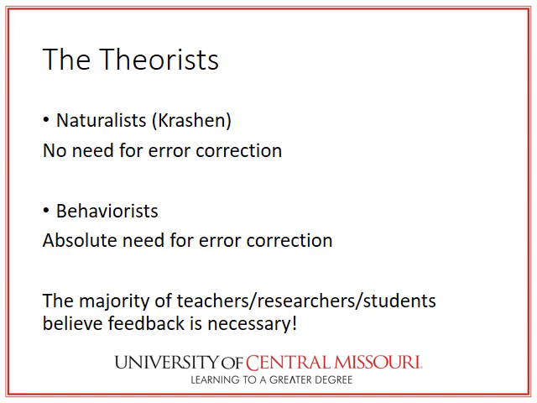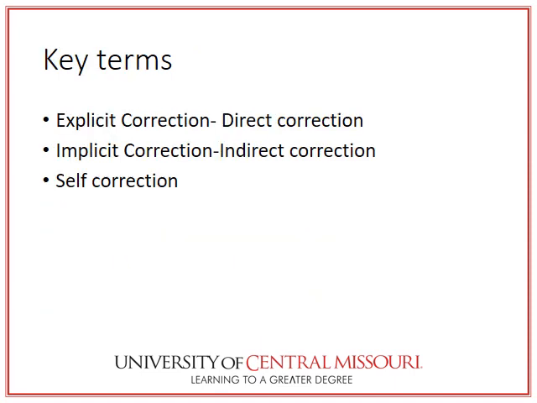The reality may be somewhere in the middle. The majority of teachers and researchers and students believe feedback is necessary, and it's choosing when to give that feedback. By the end of the lecture today, I hope you have a better feel for that.